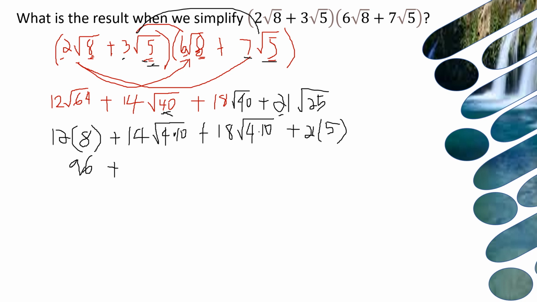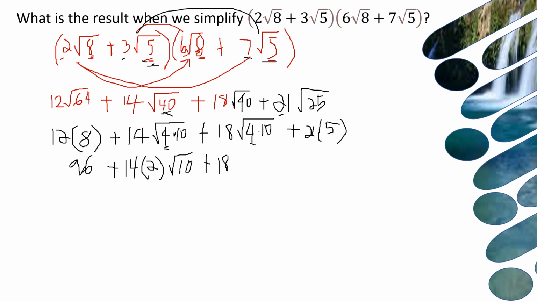Plus, on this part, we have to extract now the square root of one of the factors, which is 4. So we bring it out as the square root of 4, or 2. Then the factor that will remain inside is 10, plus 18.